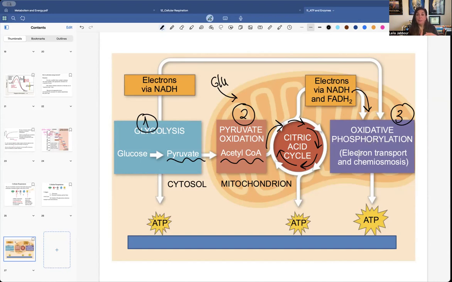So there will be NADH and FADH2 used up in the electron transport process in the inner membrane of the mitochondrion. And this will drive something called chemiosmosis, and we'll end up with ATP. So I'm going to explain all of that in the next lecture on cellular respiration.